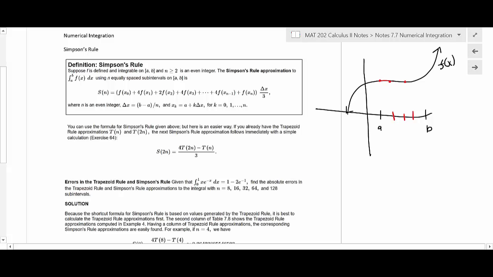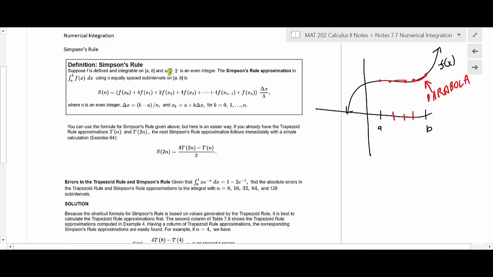This is not a real good diagram, but if you were going from there to there, you could have a little piece of a parabola right there. Without going through a lot of the details, I'm just going to show you how to use the formula and talk through it. Then we're going to do one example in class, and then I'll talk about this table thing. So I want to do mainly one example.